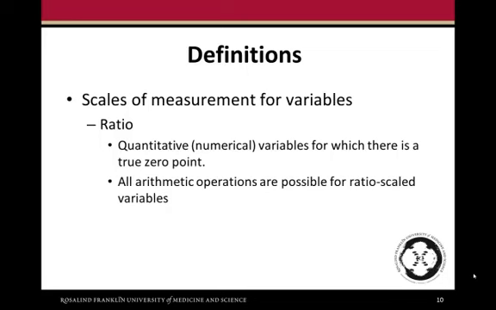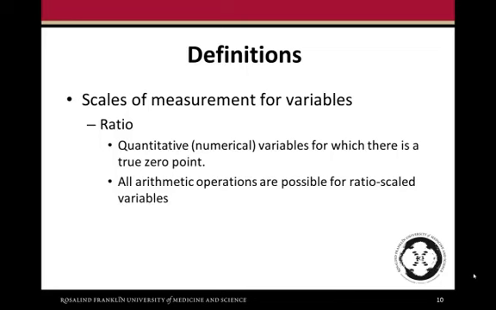An additional point to note about different types of variables is that you can convert from one type of variable into another, but only in a particular order. So with ratio, we know that we have these true values with a 0 meaning a real thing, and a value of 20 would be twice that of a value of 10.